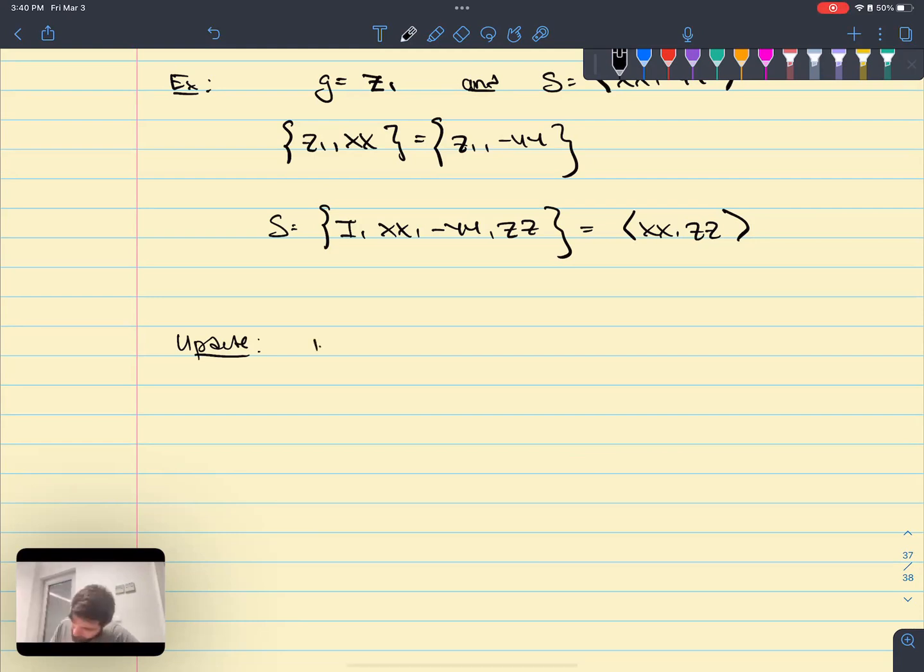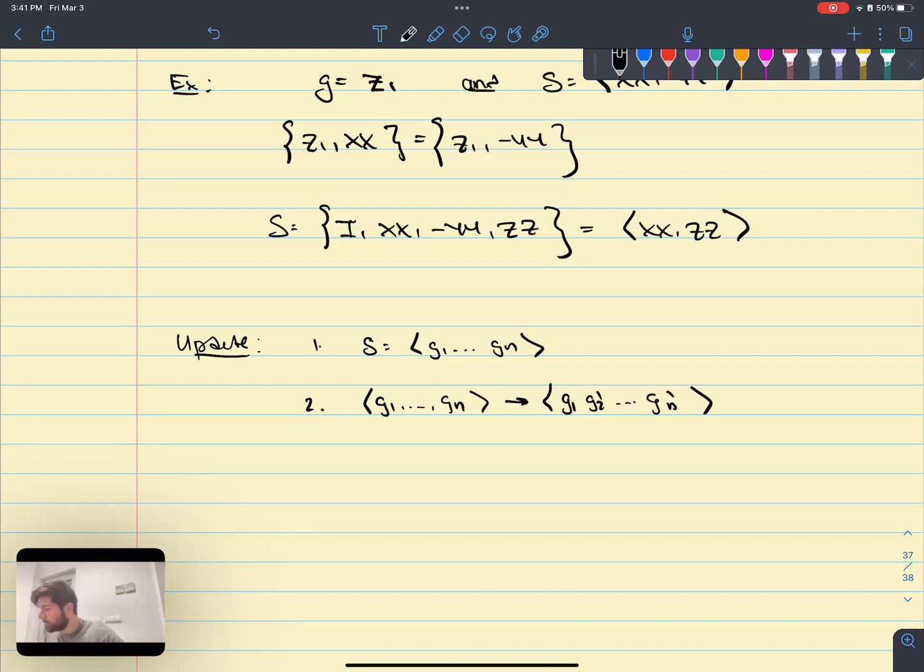First, you have S in terms of the generators G1 to Gn. In the second step, you rearrange the generators G1 to Gn so that you have at most one that anti-commutes, call it G1, and then the rest, G2 prime to Gn prime, all commute with G. You can do this.